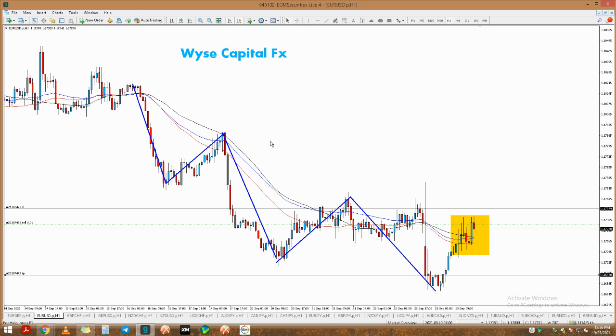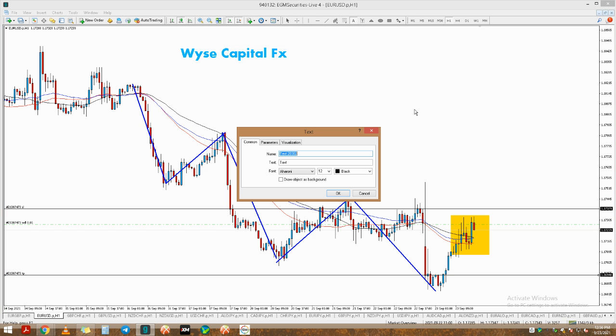Right. So let's proceed. Another thing you should have realized is that we have trend line confirmation. So let me write down the reasons. Number one, we have a downtrend market.